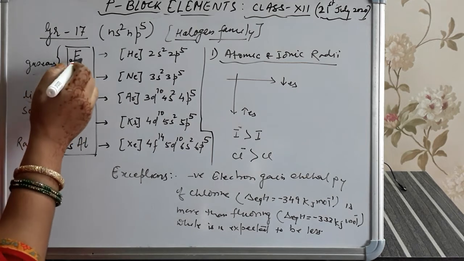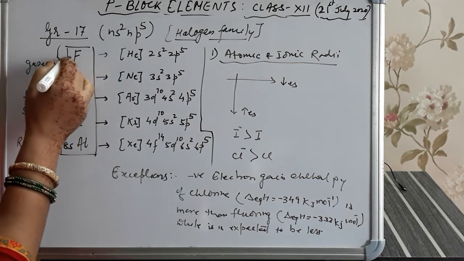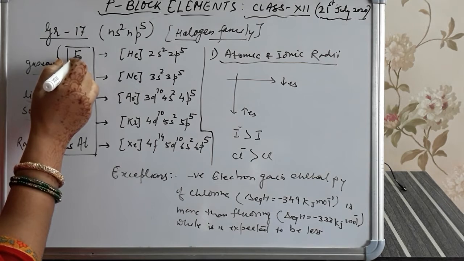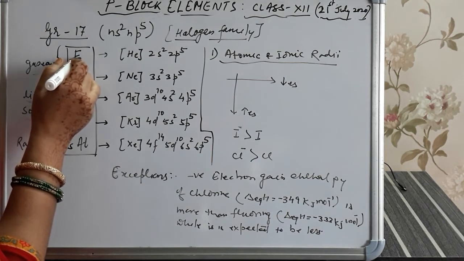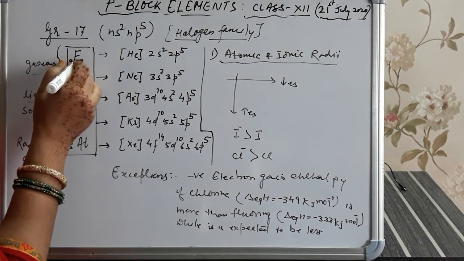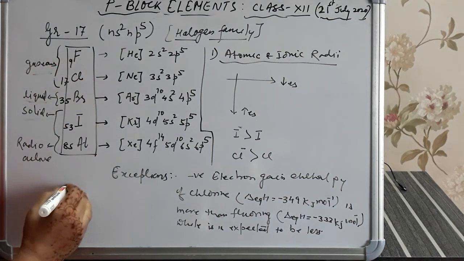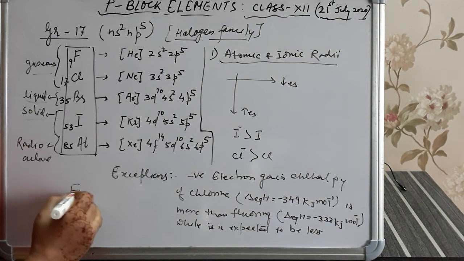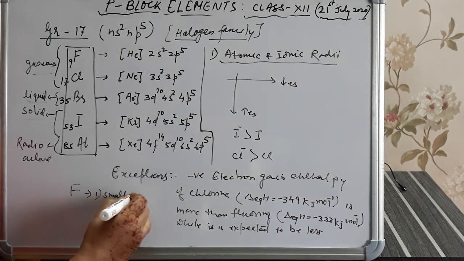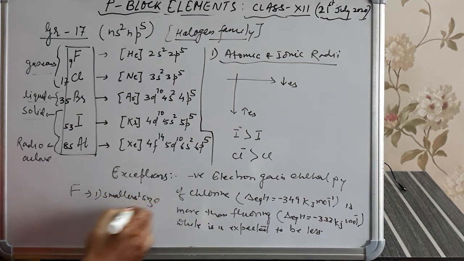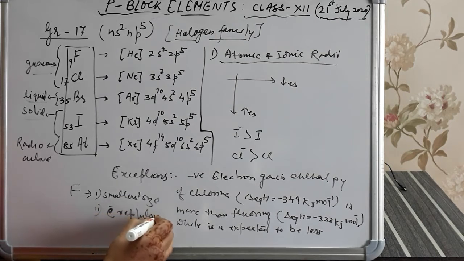So student, the smallest size of fluorine and greater electronic repulsion makes fluorine have a less negative value. What is the condition? Fluorine has two conditions: smallest size and high electronic repulsion.